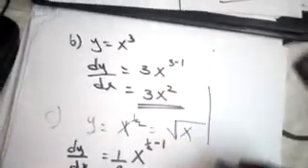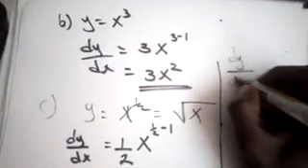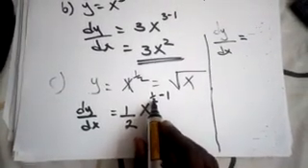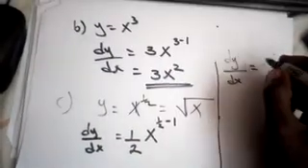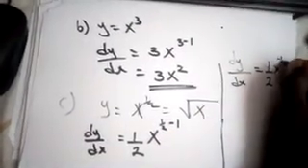So if I do that, dy/dx is equal to a half, x power what is a half minus 1? That's negative a half. So a half x power negative a half.